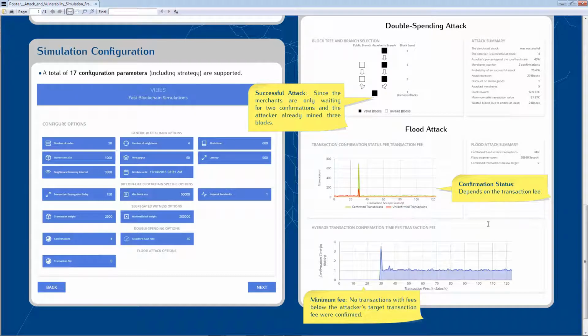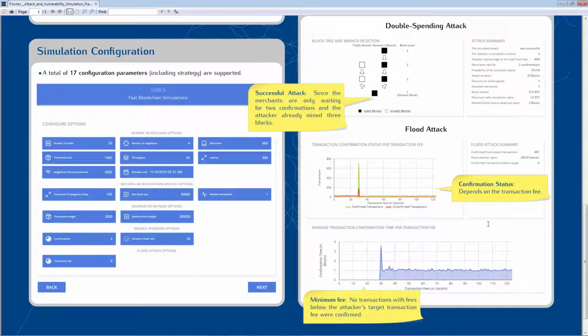Most of these transactions are one of the 787 transactions generated by the attacker. A participant of this network would choose any transaction fee above 30 Satoshi to get his transaction confirmed, or maybe exactly 30 Satoshi if the participant is willing to wait a bit.